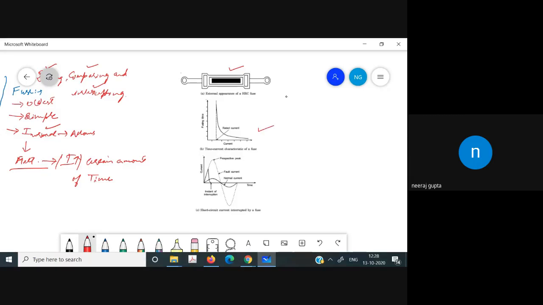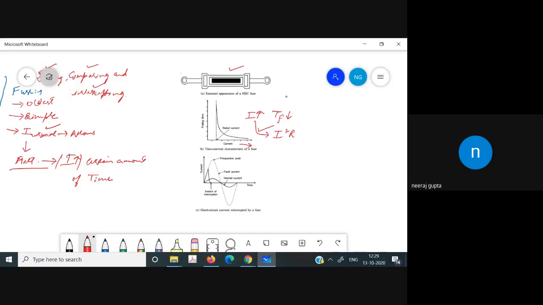From these characteristics you will see that as the current increases, the fusing time is reduced. This is due to the fact that the more the current, the more the heat, so it will melt in a lesser amount of time.